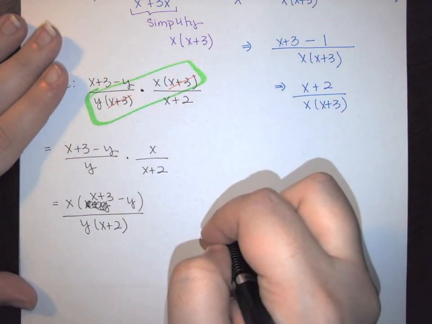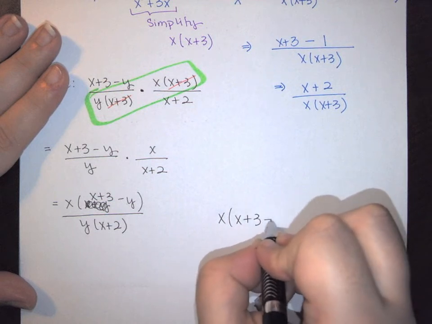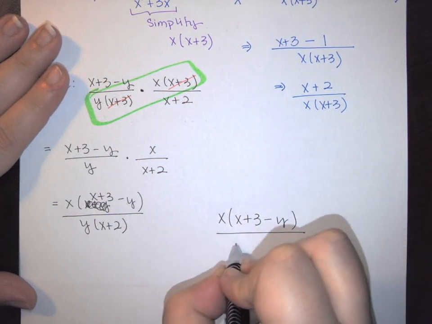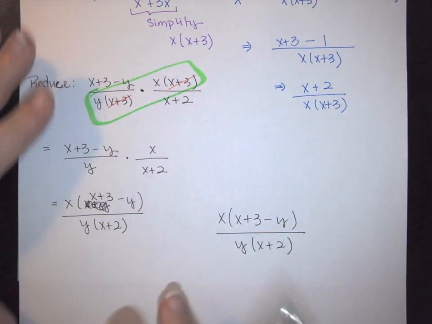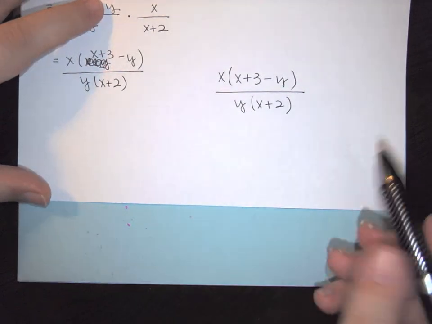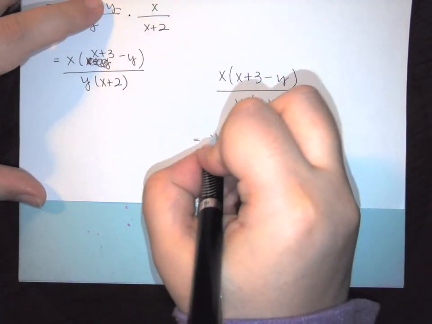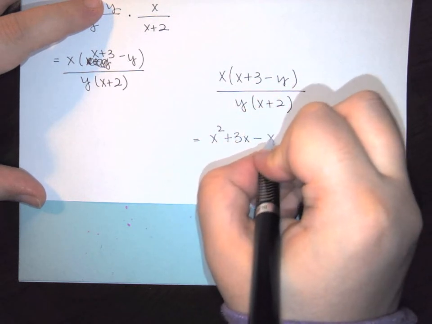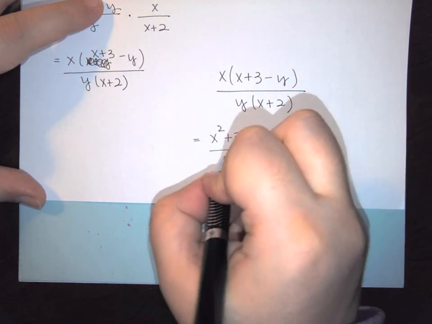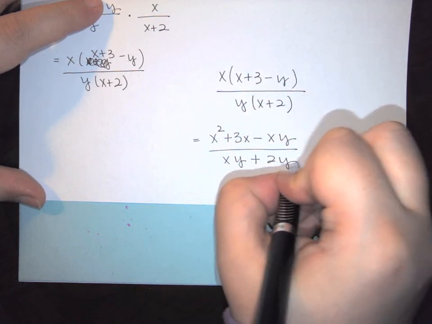When we multiplied, we ended up with x times (x plus 3 minus y) all over y times (x plus 2). Now we can leave this in its factored form, or if you really want to, you can distribute through, which would give you an answer of x squared plus 3x minus xy all over xy plus 2y.